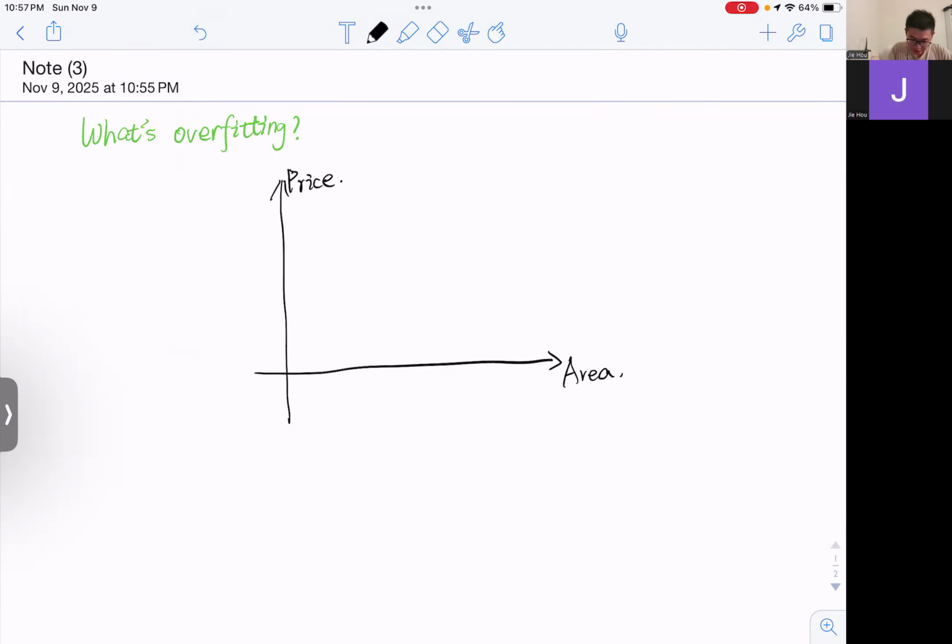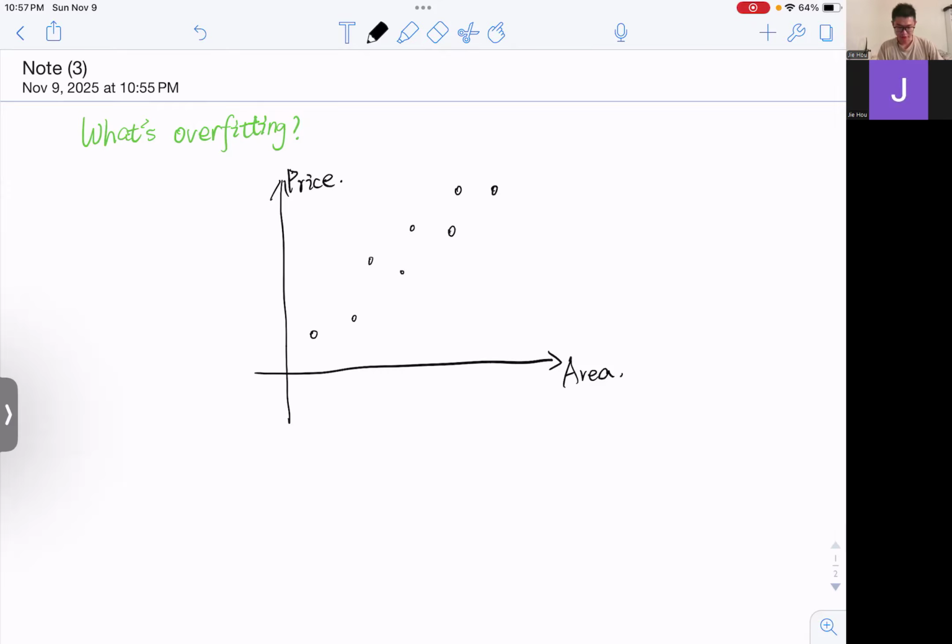The data set looks like this. Our job is to fit a model to predict for this data set.